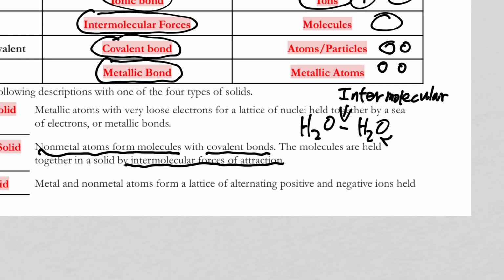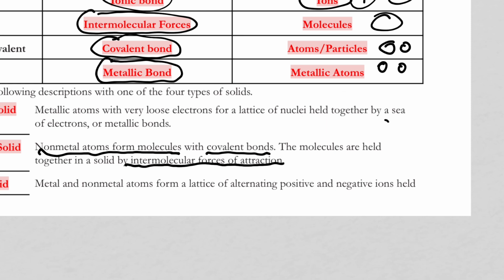But the bonds within the H2Os are covalent bonds. Those are much harder to break. Intermolecular force, on the other hand, is much more easily broken. So that is a distinction that we're going to come back and talk about more in the next few lessons.